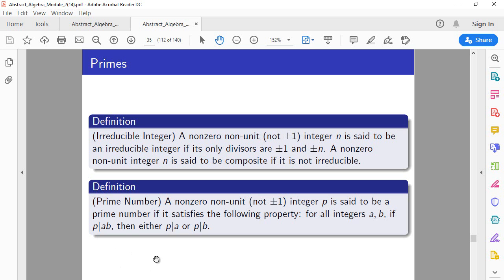Okay, so what's the definition of a prime number that we are going to take? A non-zero non-unit integer p is said to be a prime number if it satisfies the following property. For all integers a, b, if p divides a times b, then either p divides a or p divides b.